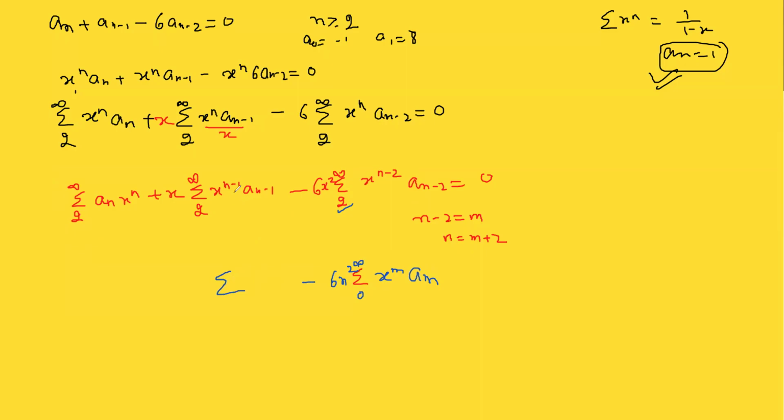Similarly, put n minus 1 is equal to m. Yes, this is m plus 1, right? Yes, you can take a different variable.